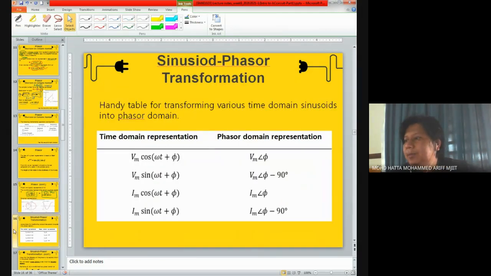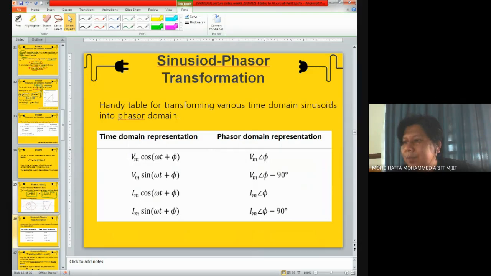All right, here is a table where we convert from time domain to phasor domain. For example, here we have Vm cos(omega t plus phi), so we can write it in phasor domain as Vm with the angle of phi.